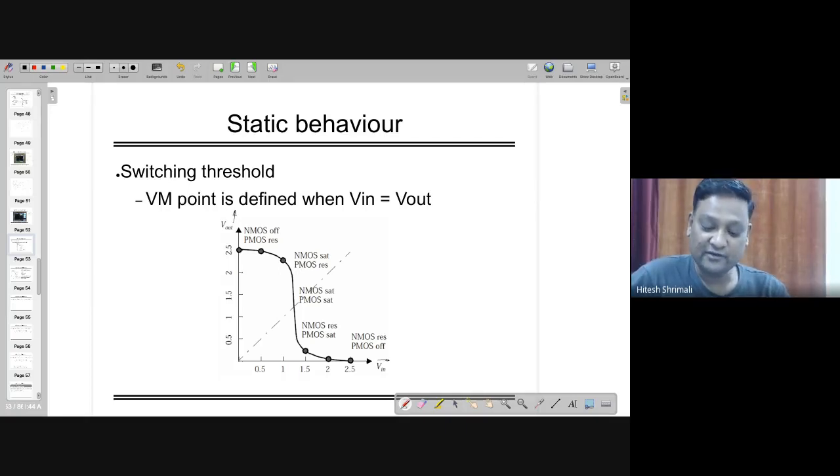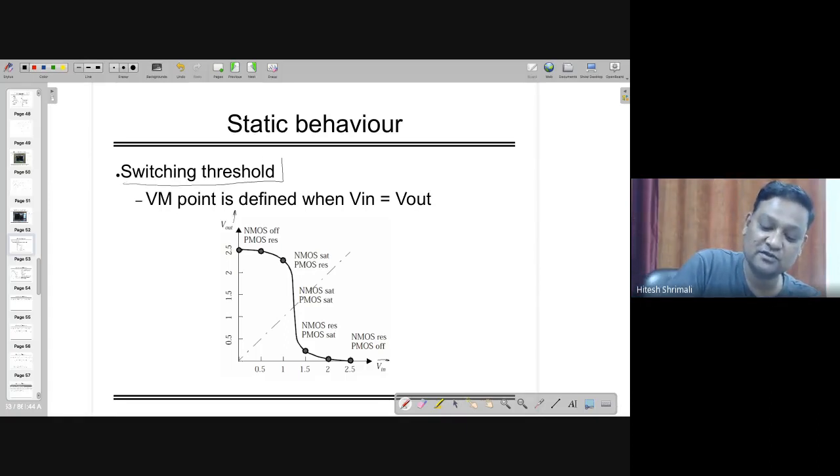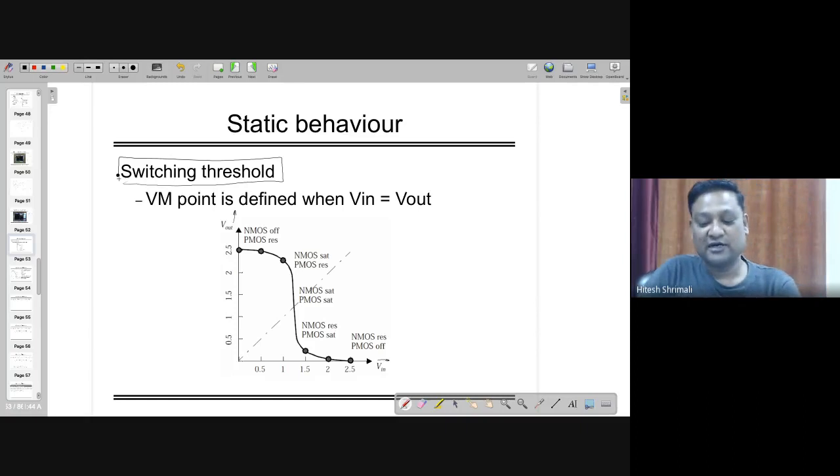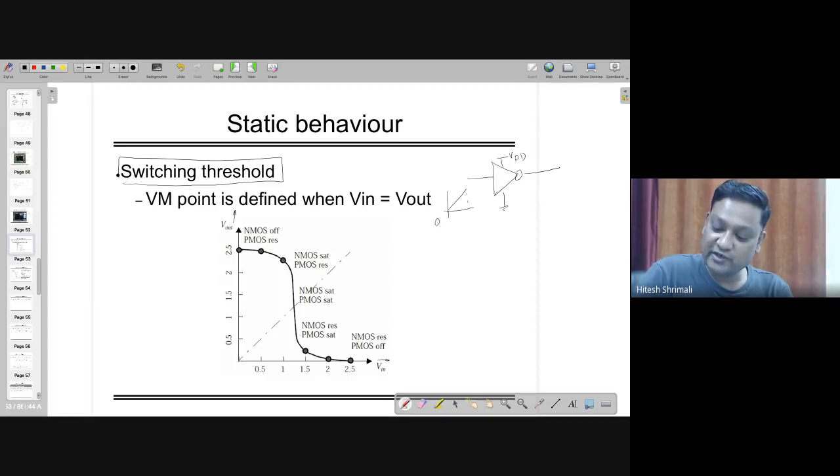Right now, for static behavior, the first thing is switching threshold. In this inverter, this is VDD and this is ground. If you are increasing the input voltage from 0 to VDD, the output is changing state at some point, right here.